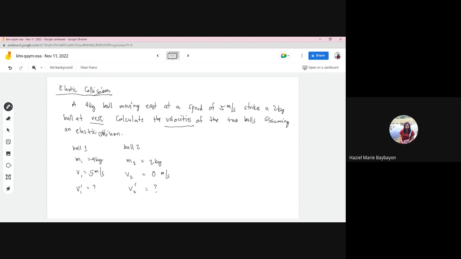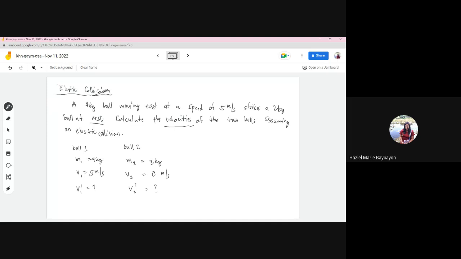Okay, so we cannot solve this if we only use conservation of momentum as our equation. So, we need another equation. So, what equation can we use for elastic collision? So, what equation, class?